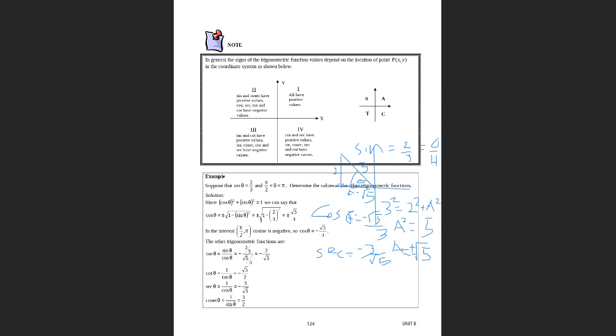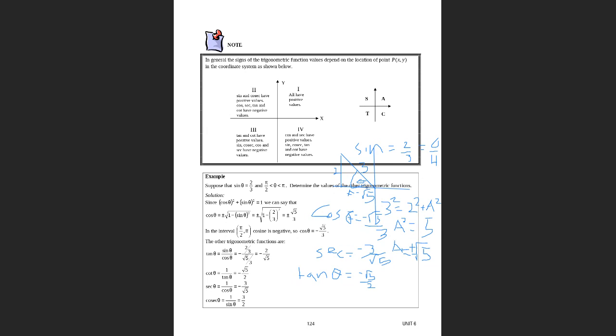Then tan theta is opposite over adjacent. So tan theta will be negative square root of 5 over 2.